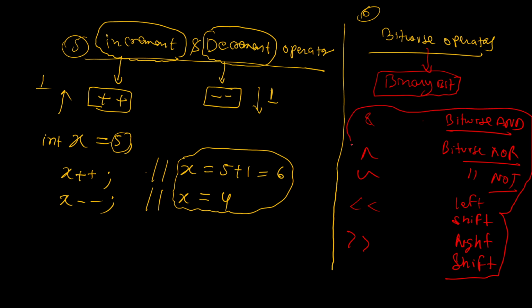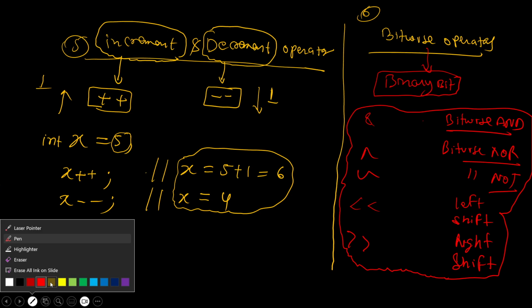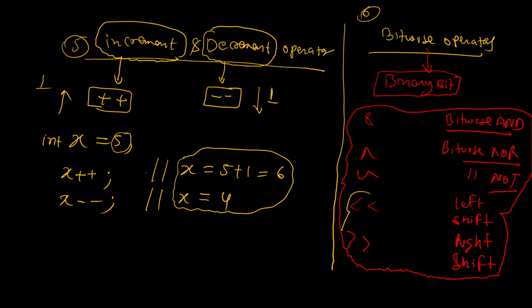So guys, these are the bitwise operators, and this topic is very important for embedded software developers, because in embedded systems we have to deal with bits, register bits. So we should have a proper understanding of bitwise operators, of left shift and right shift.